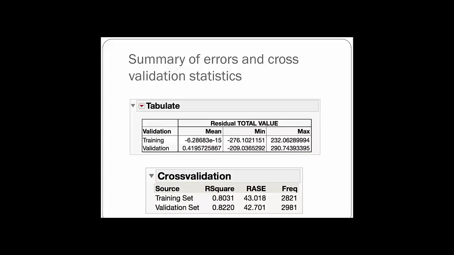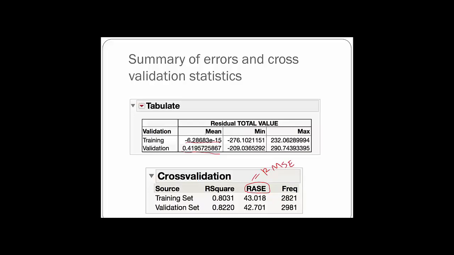So here's some of the output. These are the residuals, so the average residual on the training set is very small. The average residual on the validation set is also very small. If we look at the root average square error, which is oftentimes also known as the root mean square error, we see that these things are fairly similar.